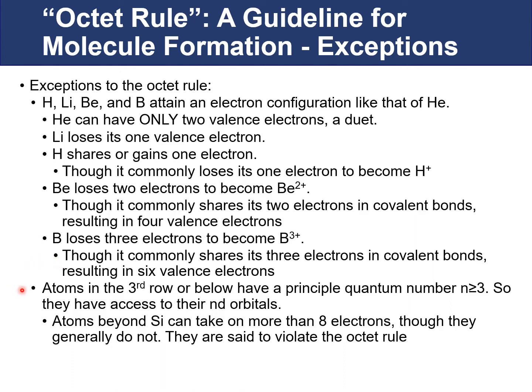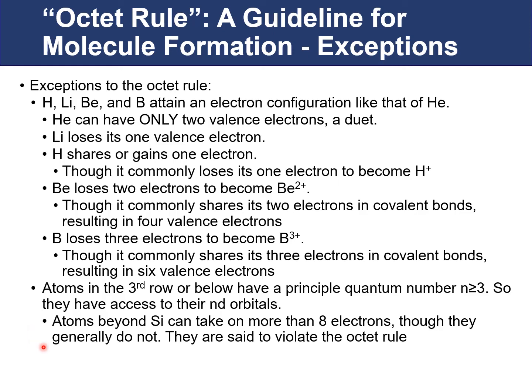Atoms in the third row or below have a principal quantum number n that is equal to or greater than 3, depending on which row you are working with. So they then have access to d orbitals. This means that atoms beyond silicon can take on more than 8 electrons, although they generally do not.